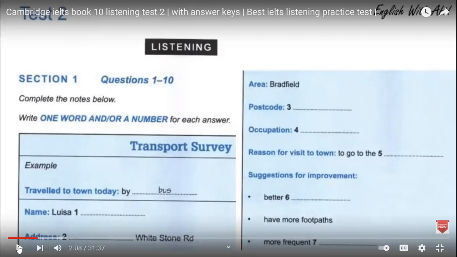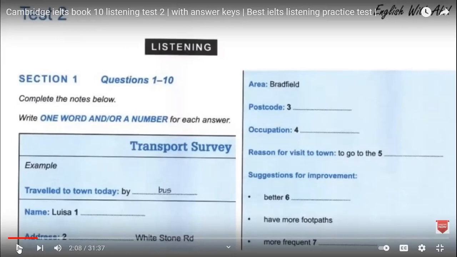Okay. Here you have got two grammatical terms. When you use a determiner with any transport, you can use on or in: on the bus. And you will see the question says by bus.